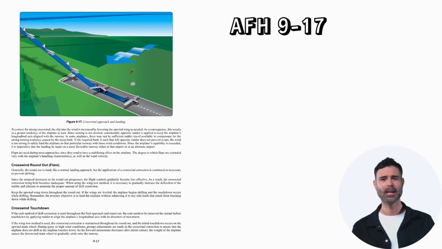If the required bank is such that full opposite rudder does not prevent a turn, the wind is too strong to safely land the airplane on that particular runway with those wind conditions. Since the airplane's capability is exceeded, it is imperative that the landing be made on a more favorable runway, either at that airport or at an alternate airport.